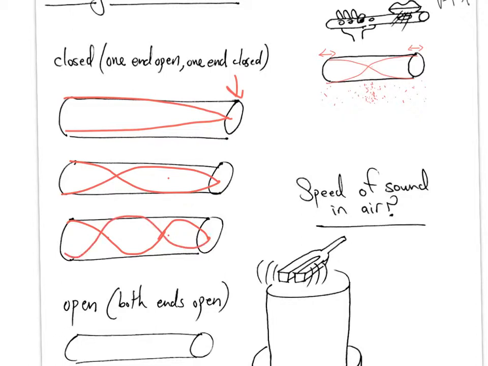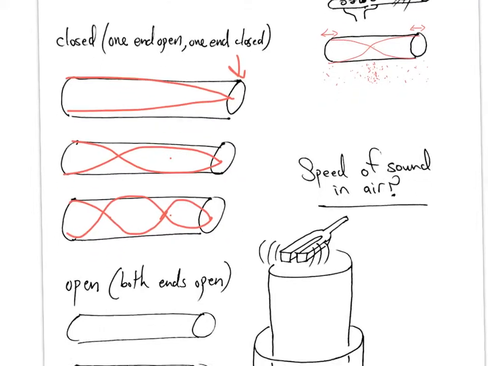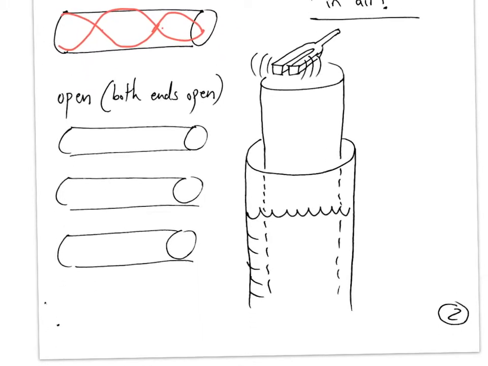Okay. So, antinode: maximum movement of air molecules, open end. Node: minimum movement of air molecules, closed end. And we're going to talk about frequencies and wavelengths and all that.